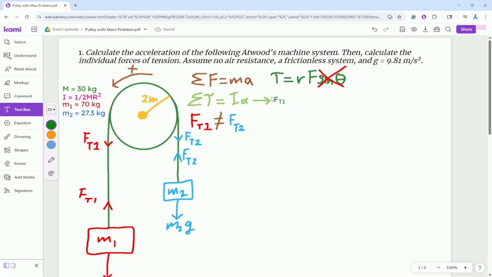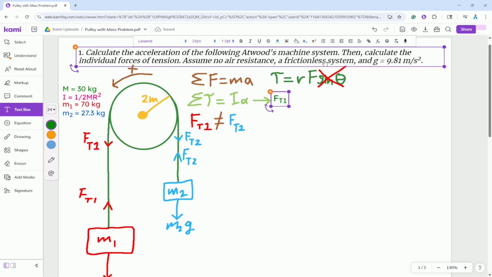Actually, let me make this a bit bigger. Okay, so FT1, and don't forget to multiply by the radius, which we're going to call capital R. And you're going to be like, wait, why not plug in the radius of 2 meters?